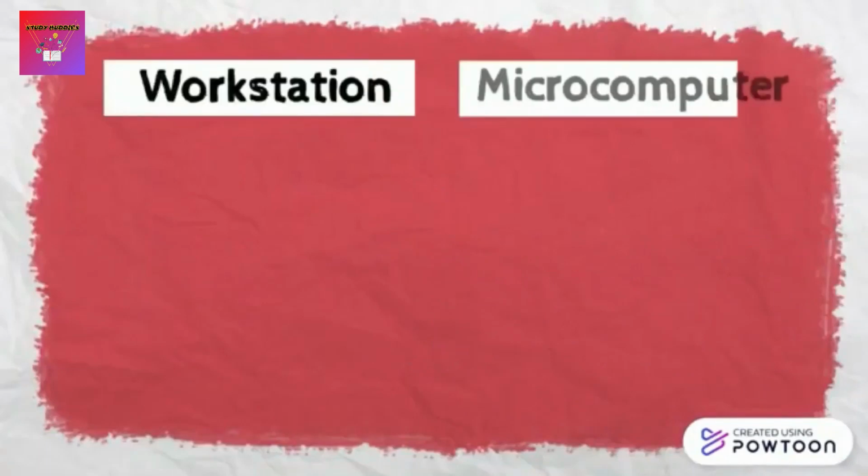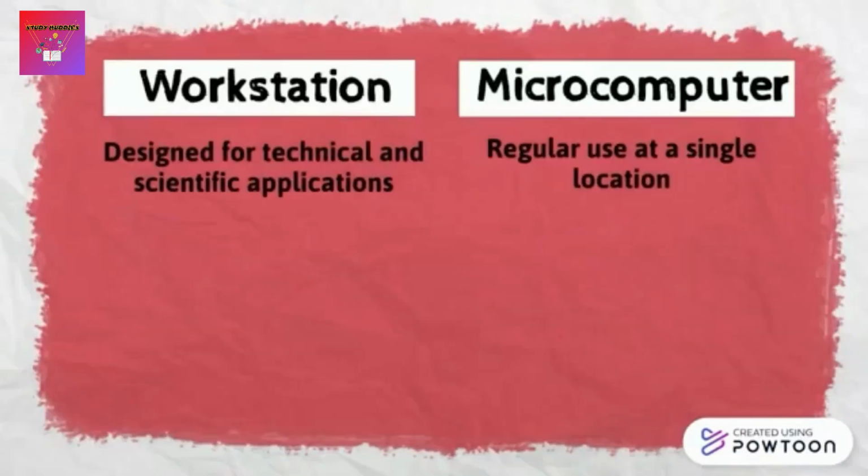Now, let's look at the differences between workstation and microcomputer. Firstly, a workstation is a special computer designed for technical or scientific applications. Meanwhile, microcomputer is a personal computer designed for regular use at a single location on or near a desk or table due to its size and power requirements.